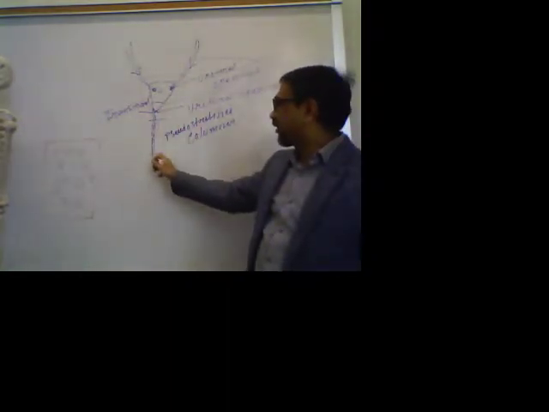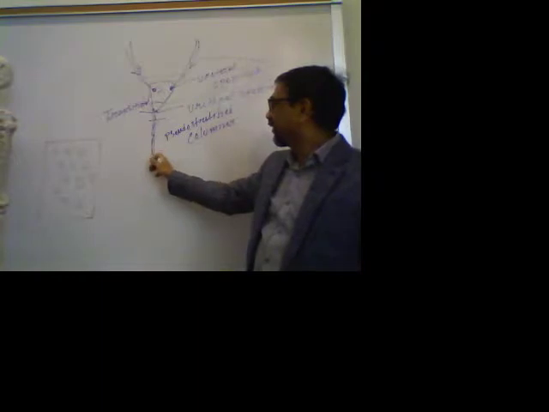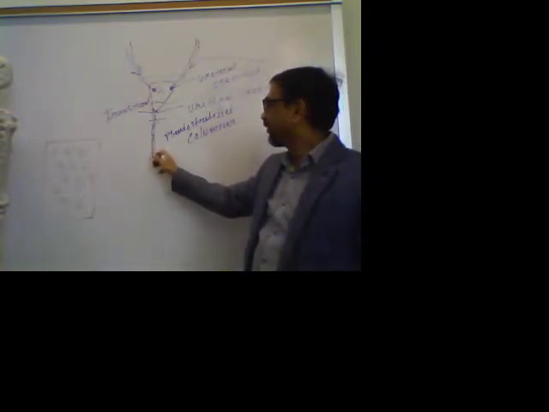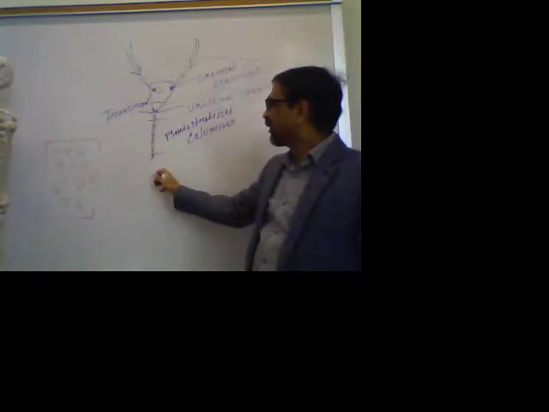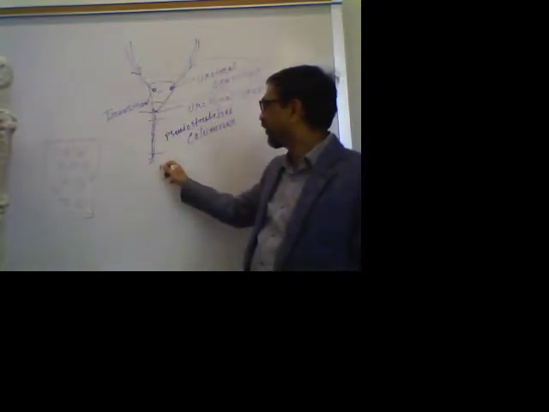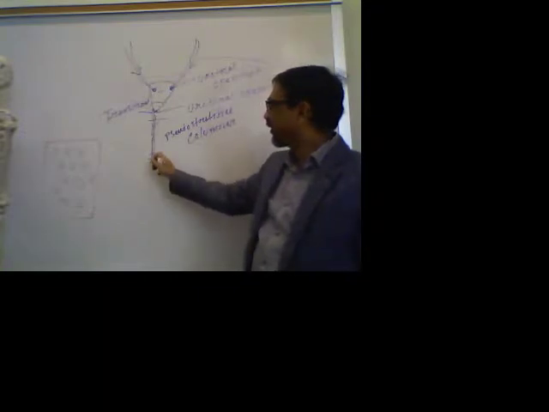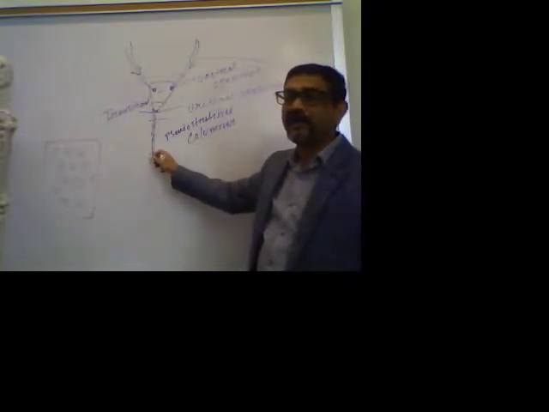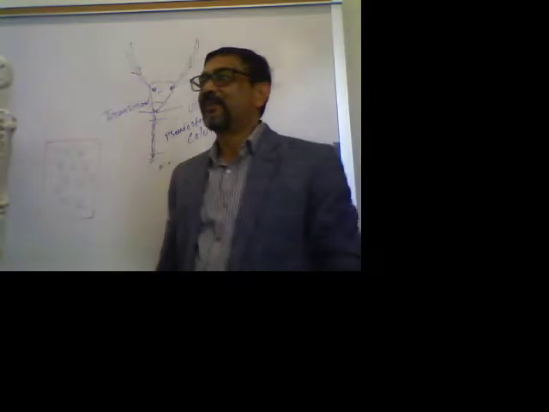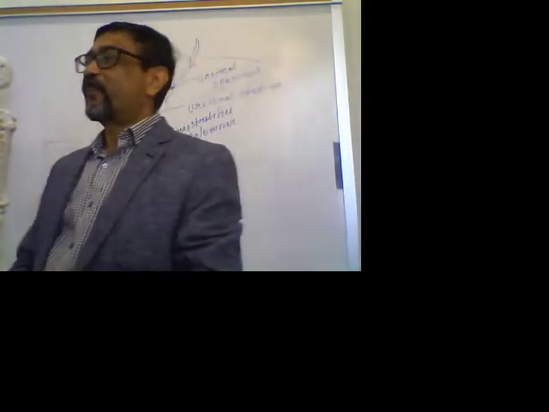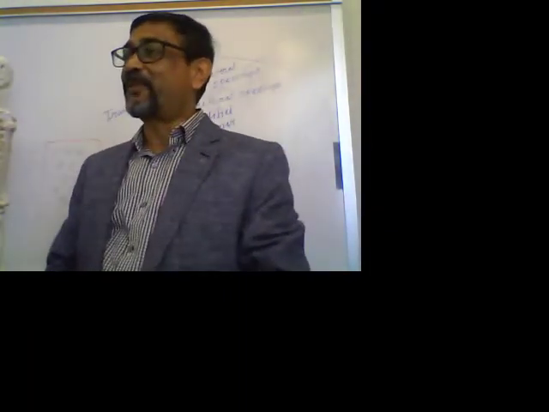Now the last part, this last part of urethra is getting exposed to the outside of the body, air. So this last part should be what kind of lining? What do you think? The chance of friction is high, right?